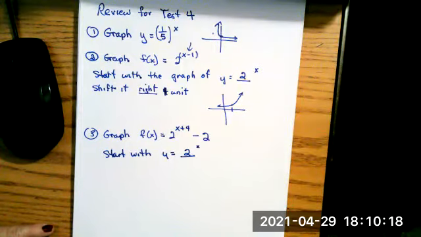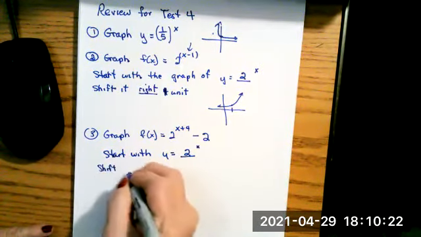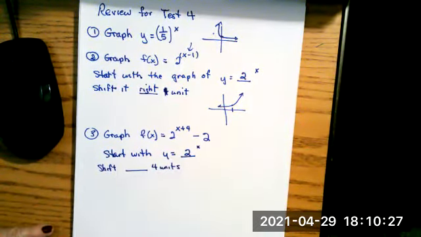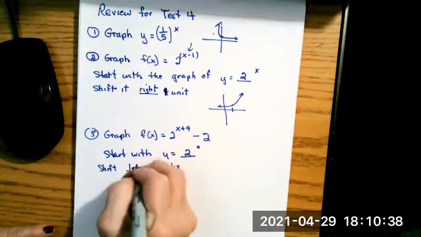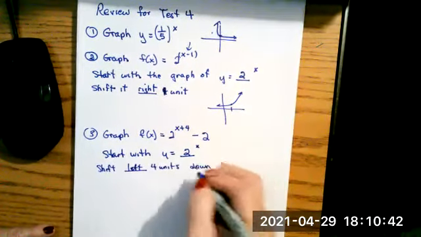It's just the 2 that you put in there. Now we're going to shift where? This one is 4 units. Which way do you shift for this one? To the left 4. Left. And then it's going to go down 2 units.